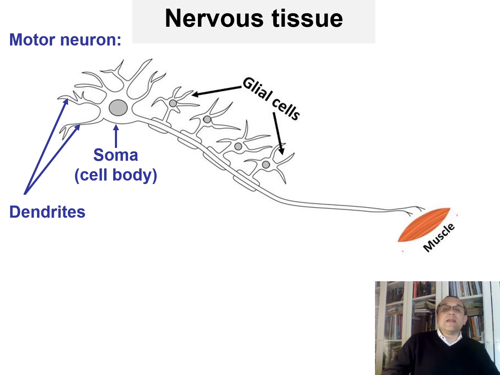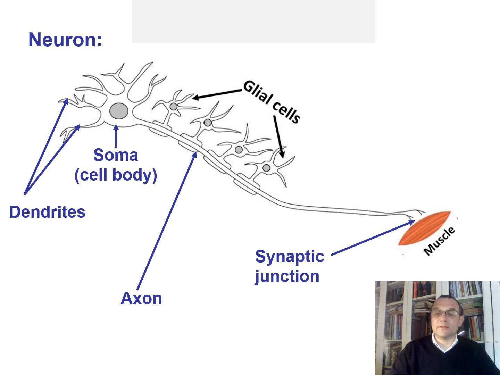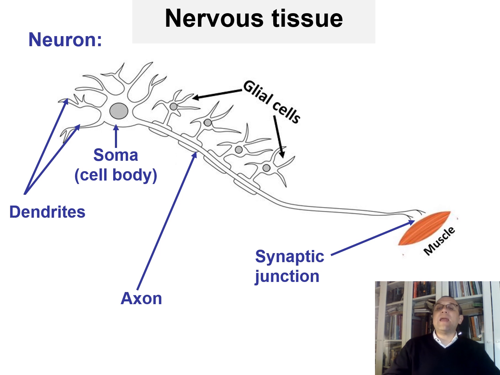The cell body contains the nucleus and most of the usual organelles, such as endoplasmic reticulum, mitochondria, and ribosomes. The axon is the trunk of the neuron. Axons may be very long. In humans, they range up to 3 feet long, such as those that run from the base of the spine down to the leg.